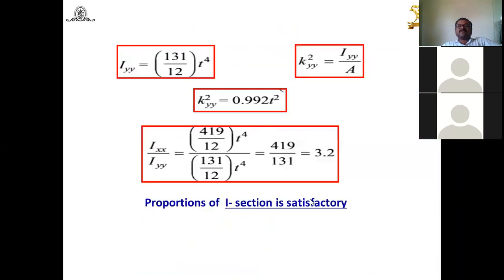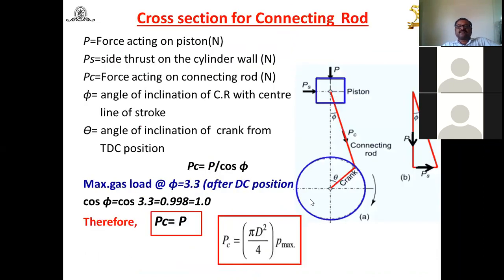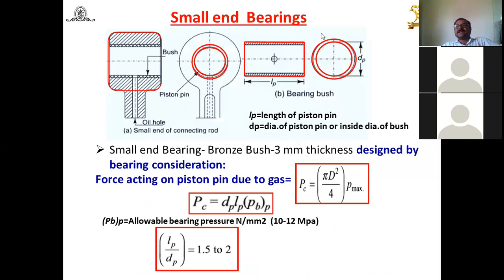Now let us say after calculating the dimensions of the connecting rod, now we have to see the small end bearings. Look at this, this is the small end, and this part is the bush or a bearing. Inside the bush we will find the piston pin which is fitted here. This is the bush, and the length of the piston pin is L_P, bush which is inserted.